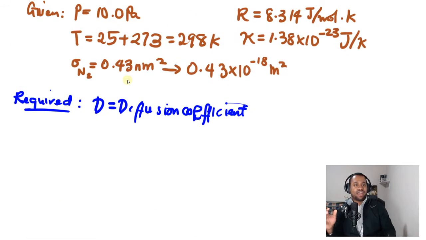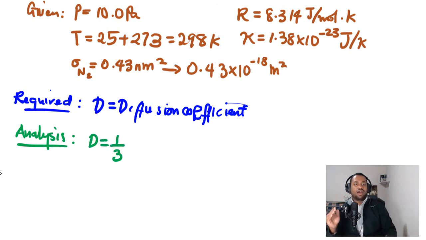In terms of our analysis, based on our diffusion formula, we will need to rearrange some terms and variables to fit into the given, where D is equal to 1/3 of the mean free path multiplied by the mean speed.